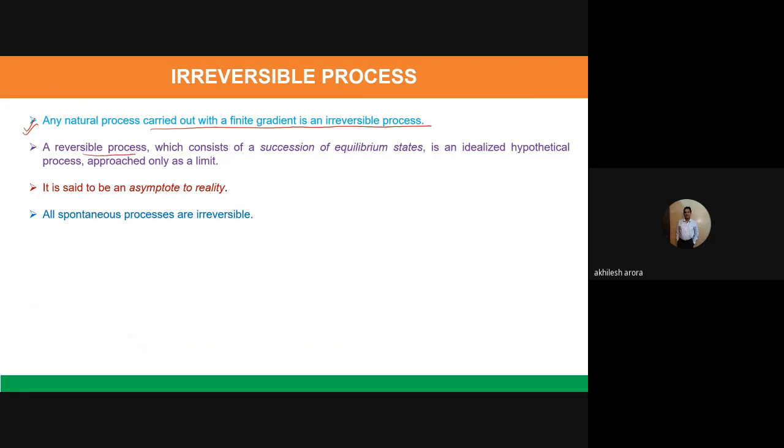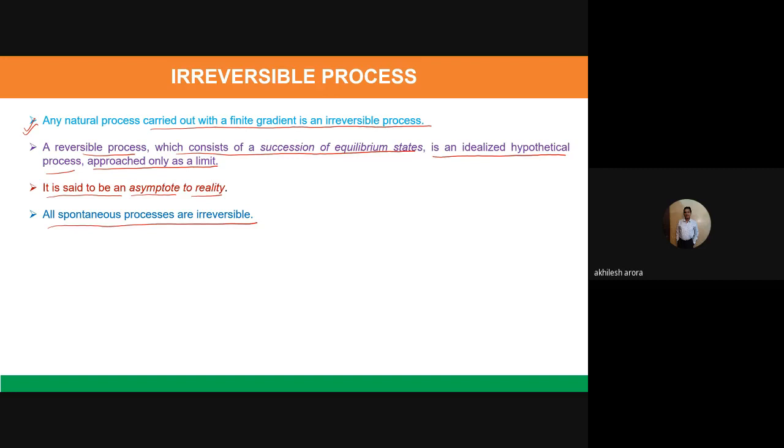A reversible process, which consists of a succession of equilibrium states, is an idealized hypothetical process approached only as a limit. It is said to be an asymptote to reality. Means a reversible process cannot happen in reality actually, but all spontaneous processes are irreversible.